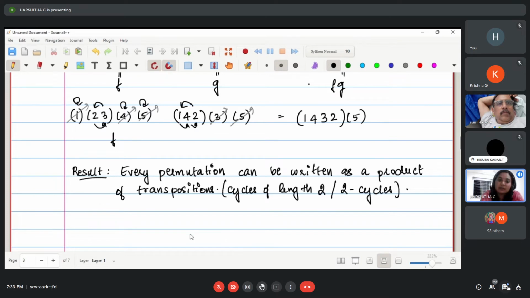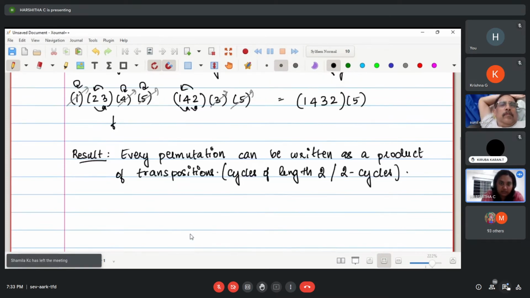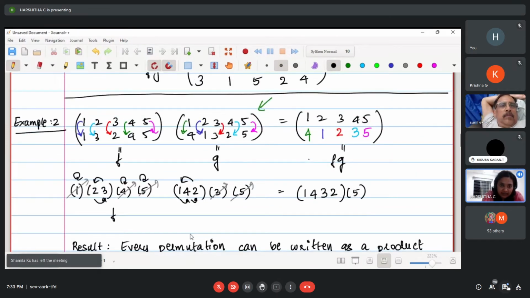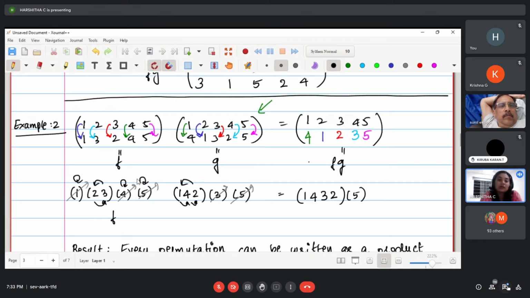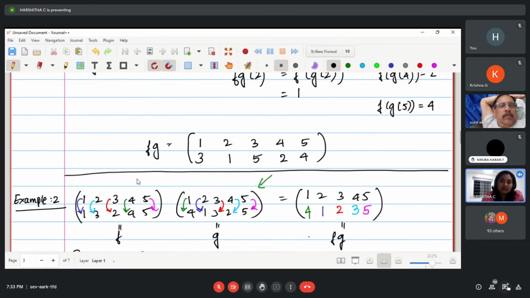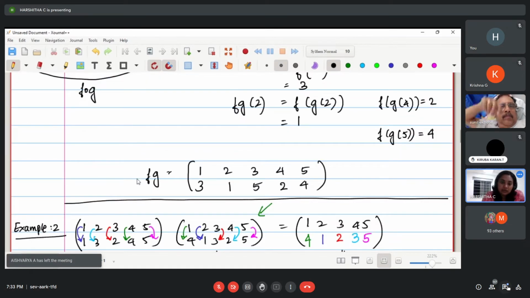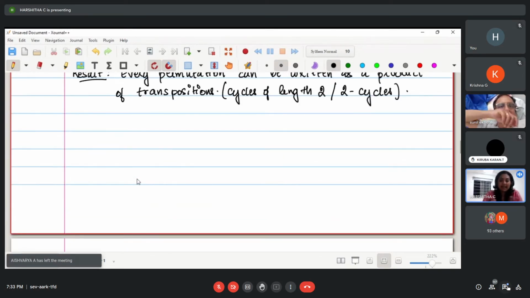So how do we write a permutation as a product of transpositions? What have we seen here? Every permutation, we saw how we can write it as a product of cycles, right? So if we have a cycle and if that cycle can be written as a product of transpositions, then our job is done, right?